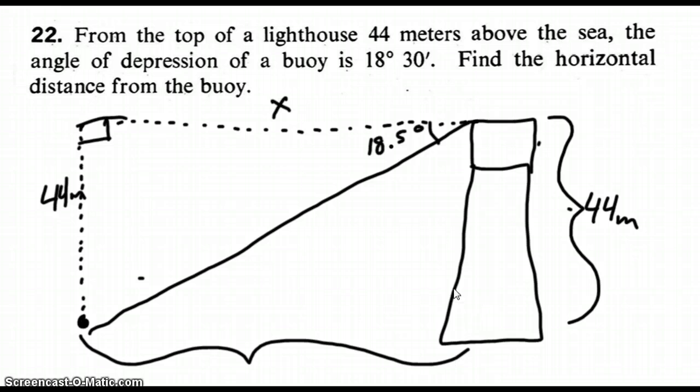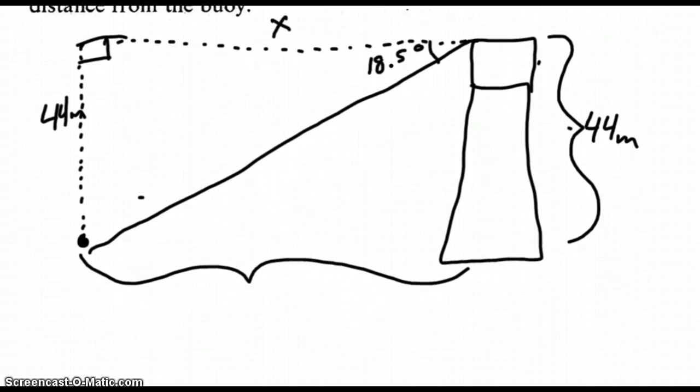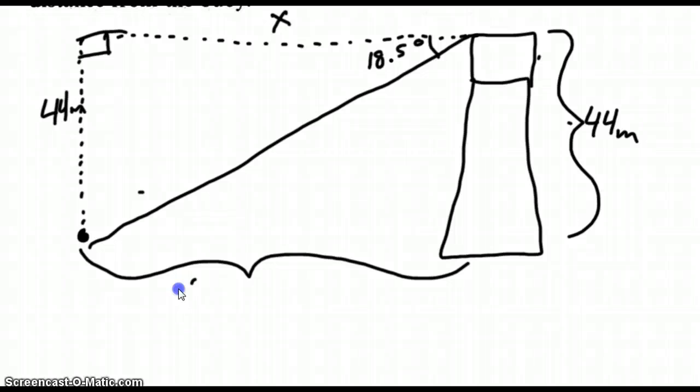We have an angle, and we want to calculate this distance, which is the same as this distance right here. It looks like we have a setup for the tangent function because we have the opposite and the adjacent side. So we'll write up a little tangent function here. The tangent of 18.5 equals 44 over x.